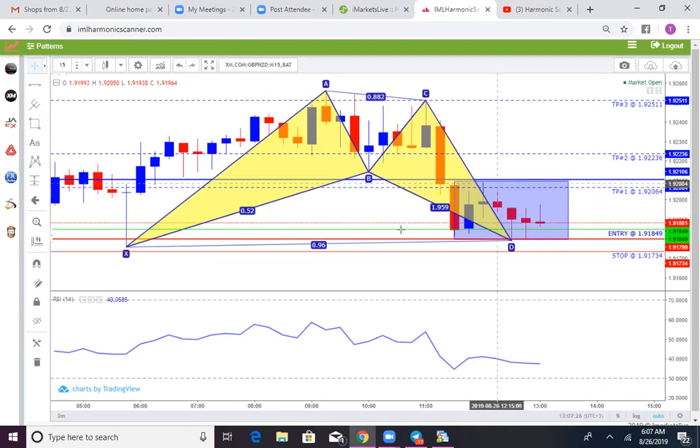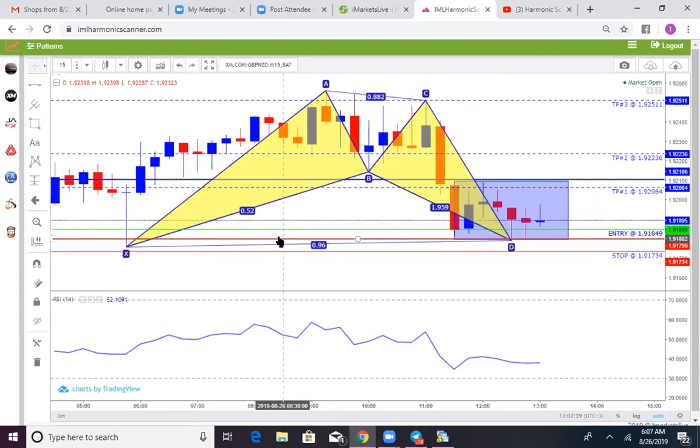That's 10 pips above. And for the sell, I would set a pending order for 1.91702 as my entry. Depending on the structure, that's how I would set my take profit.